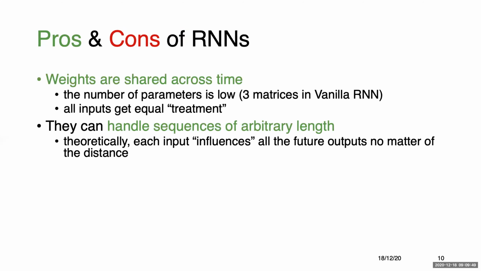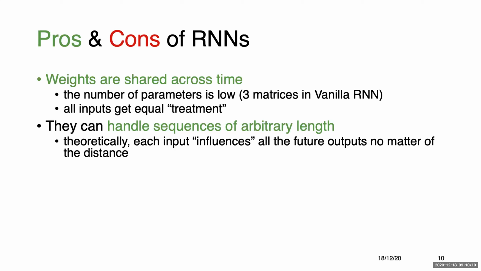Also, if you think of the architecture that I just showed you, you can easily see that you can continue the computation as long as you want, because this network, as defined, can handle sequences of arbitrary length.